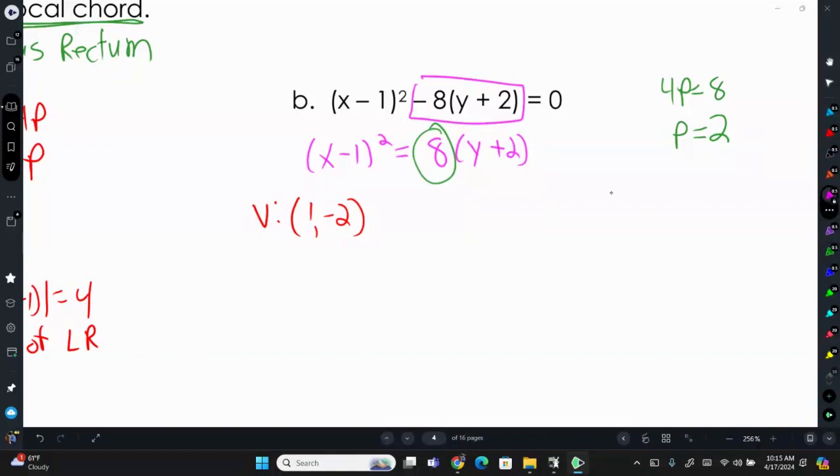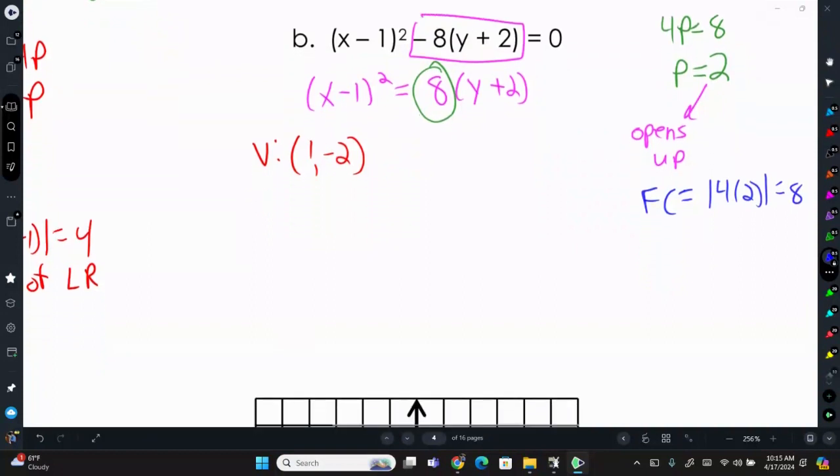Since it is positive 2, it opens up, and we use 2 to count, so the focal chord is going to be the absolute value of 4 times 2, which is 8.